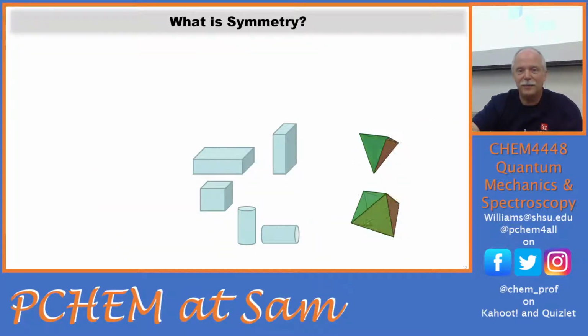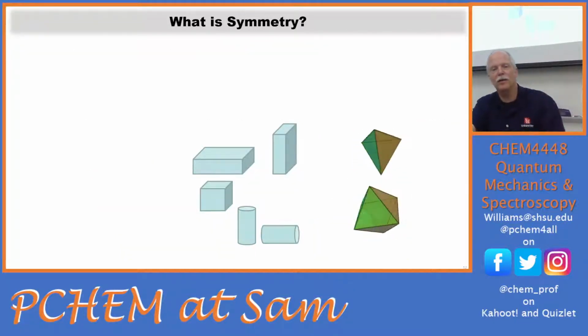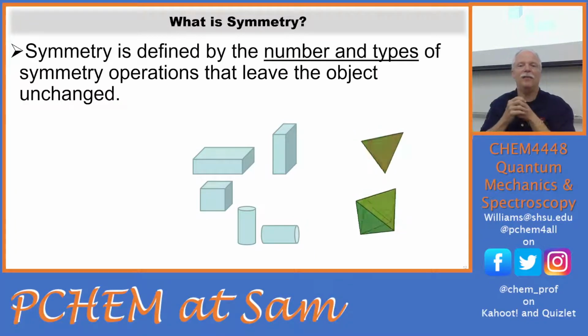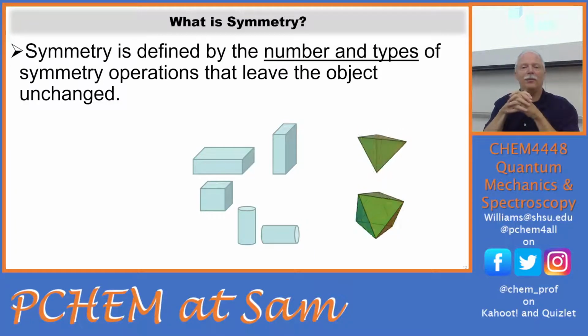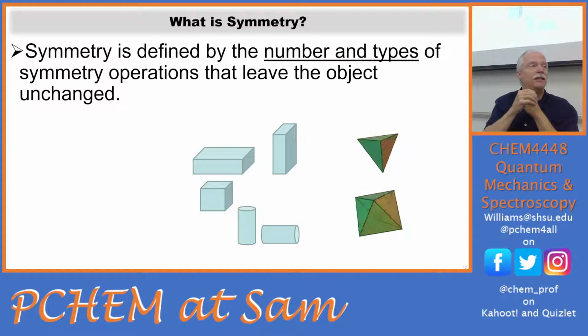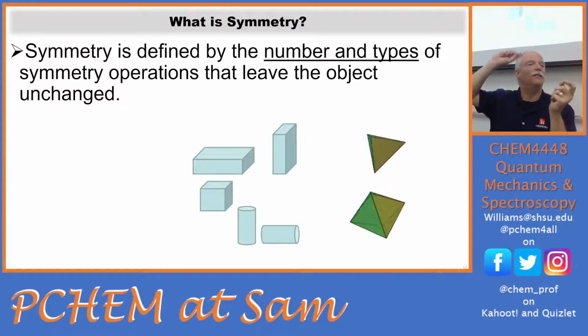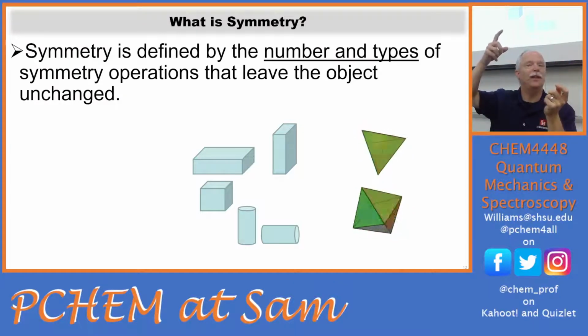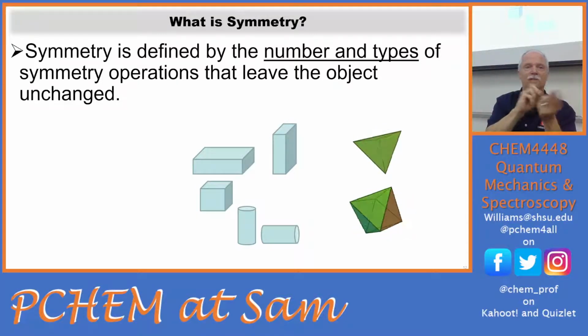Okay, so what is symmetry? We keep talking about something being more or less symmetric. So symmetry is defined by the number and types of symmetry operations that leave the object unchanged. So we do operations on these molecules like that rotation, and it leaves the molecule unchanged if the hydrogens have another hydrogen to rotate into, or the carbons can rotate into another carbon.